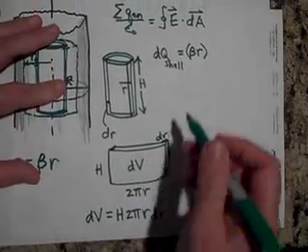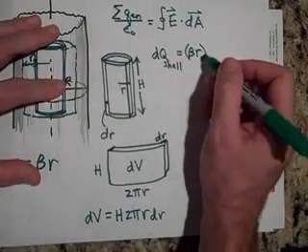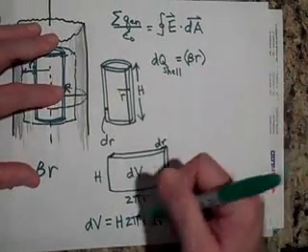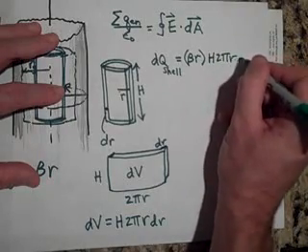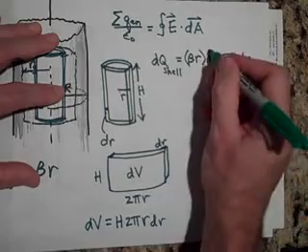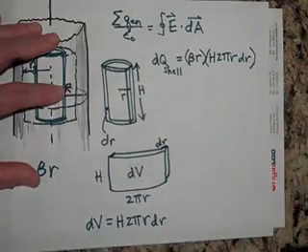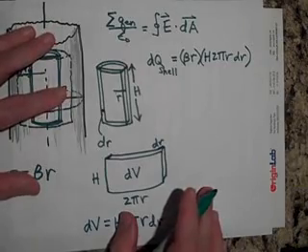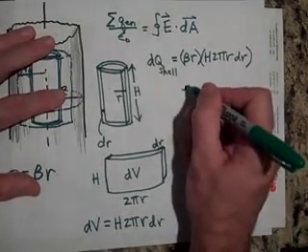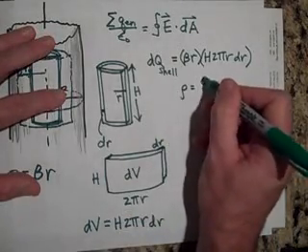So the charge that's enclosed in there is going to be rho times that volume, which is h 2 pi r dr. Now, why is that the case? Well, because remember how rho is q over v?